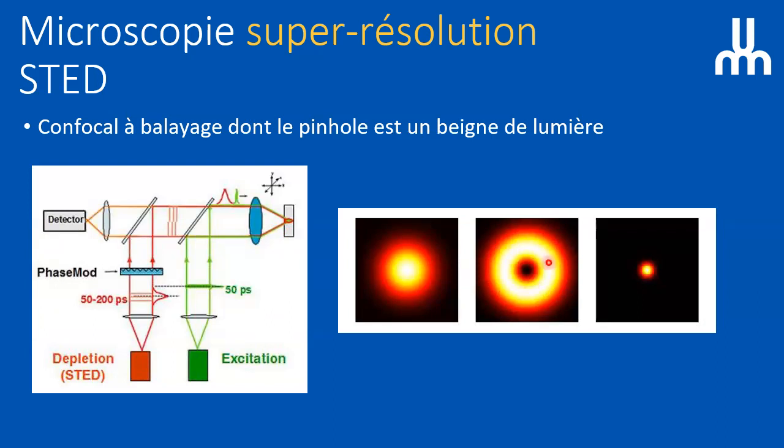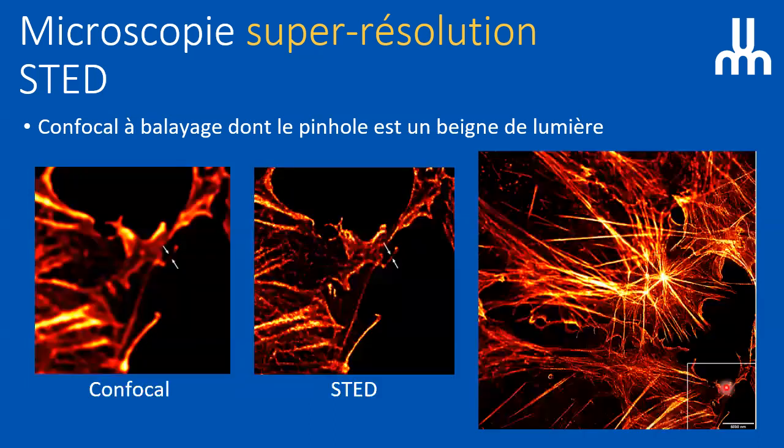Because with light we can play very well with the intensities and the position, if you combine both, you have a very, very small point to excite. Knowing that you can reduce the excitation area, you can have a better resolution. This is the truly super resolution technique that changed how we were thinking about microscopy. So here again, an example of confocal microscopy images, and that is a STED image.